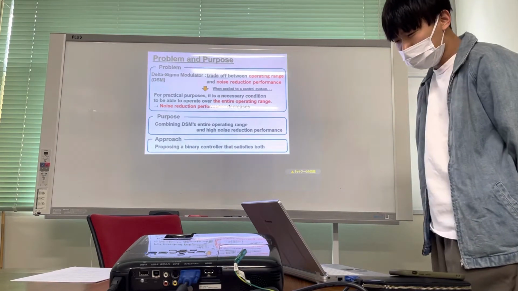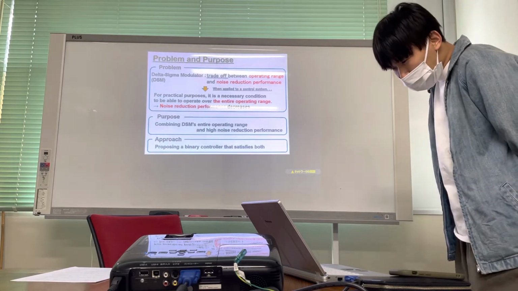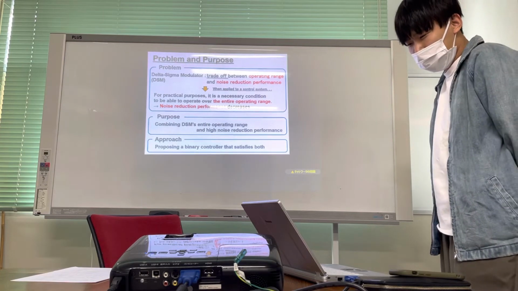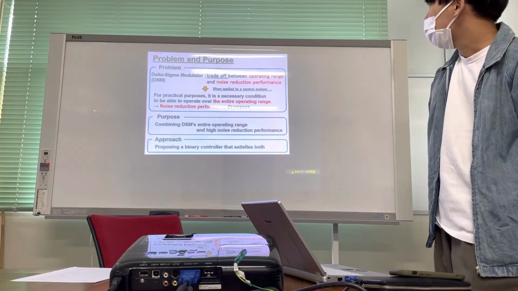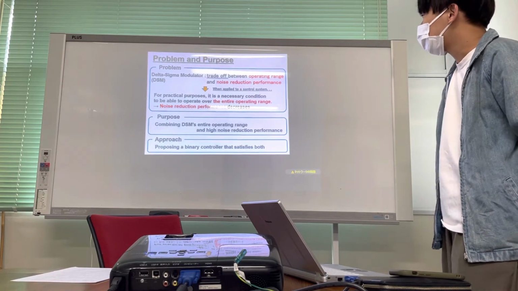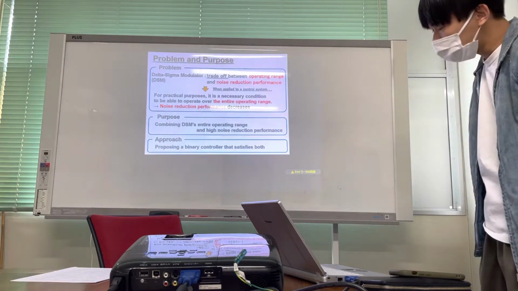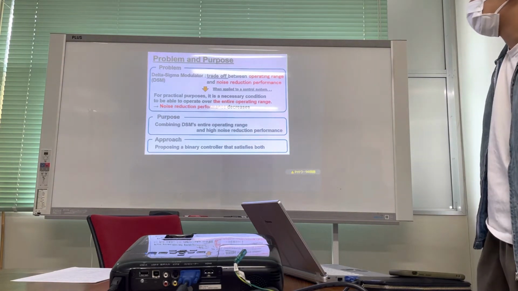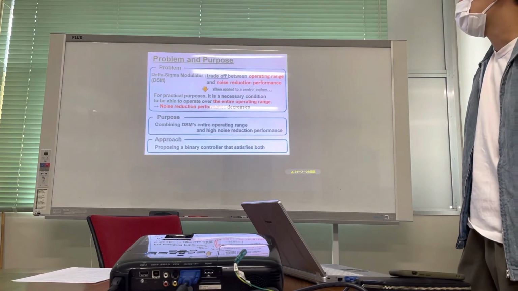However, this approach poses a problem when designing the delta sigma modulator. The delta sigma modulator has a trade-off relationship between operating range and high noise reduction performance. When applied to a control system, for practical purposes, it is a necessary condition to be able to operate over the entire operating range.